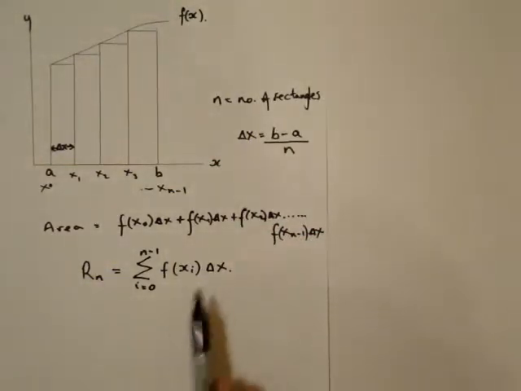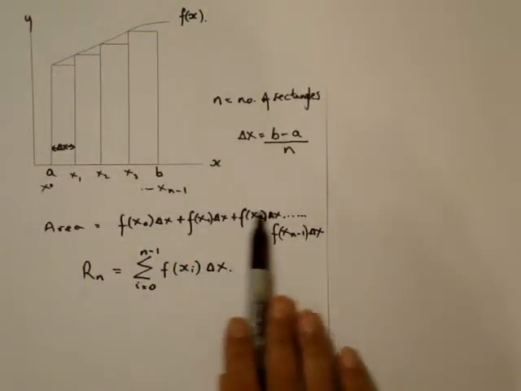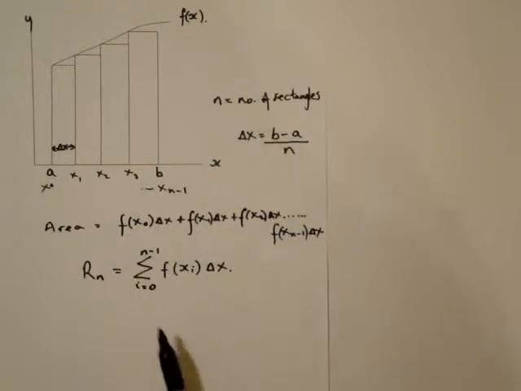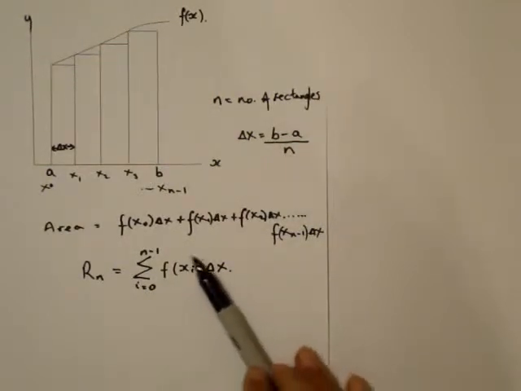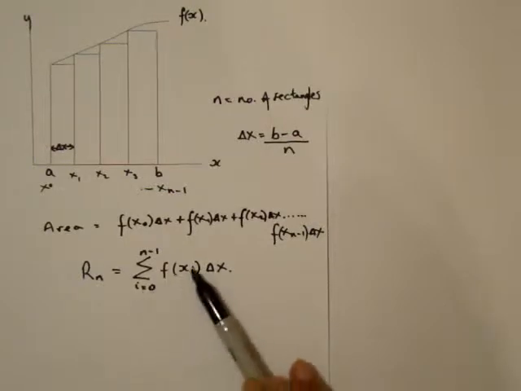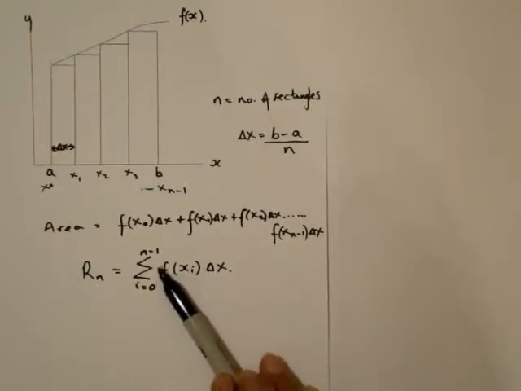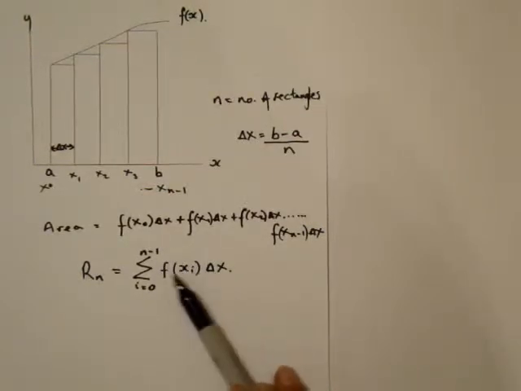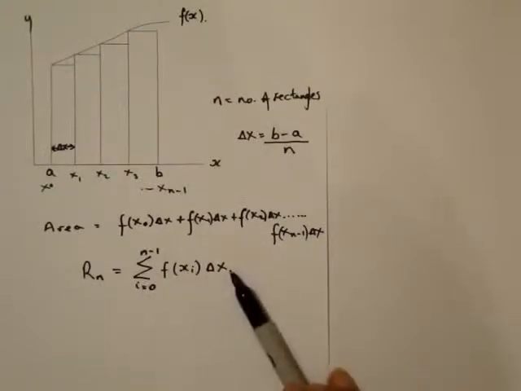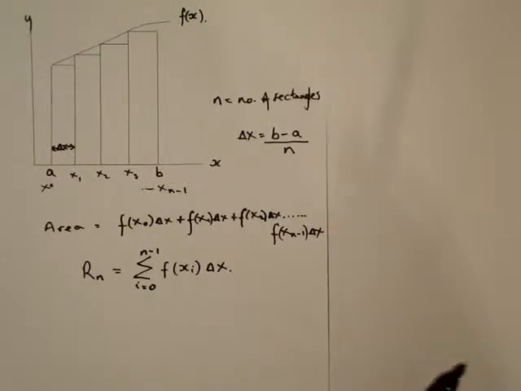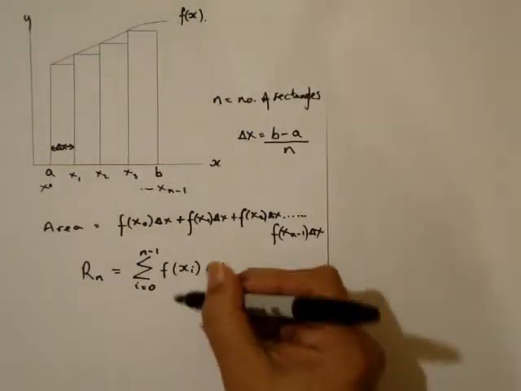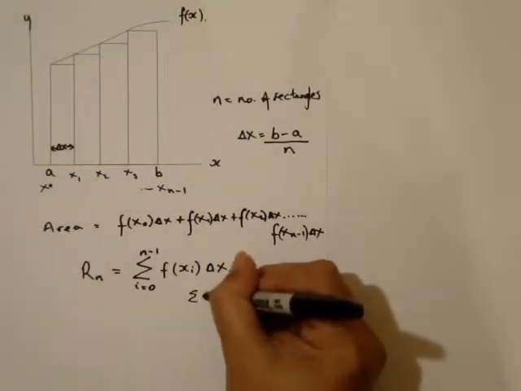So all this replaces this whole calculation. So we take this expression and substitute i from 0 to n minus 1, and then add them all up, and that will give us the area. Now this is an estimated area.